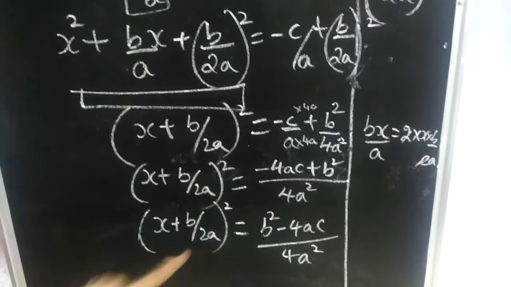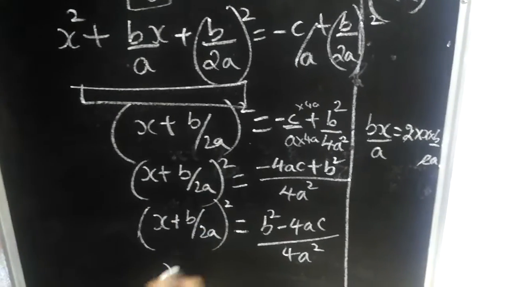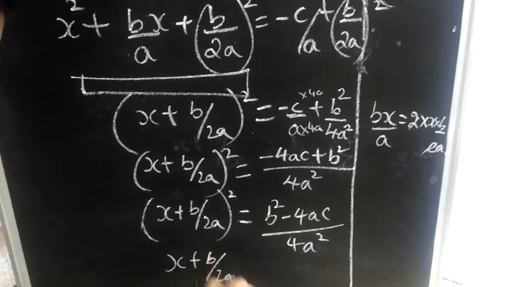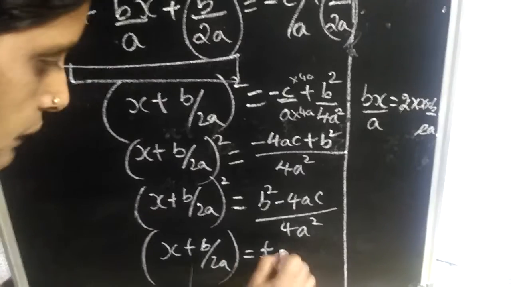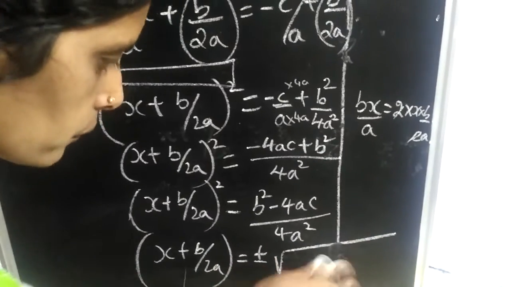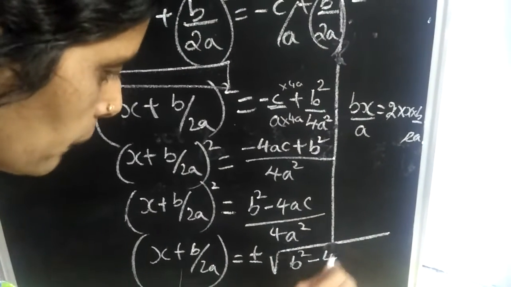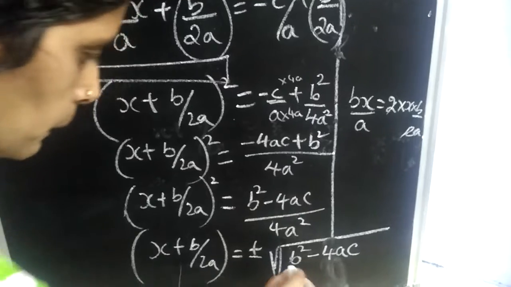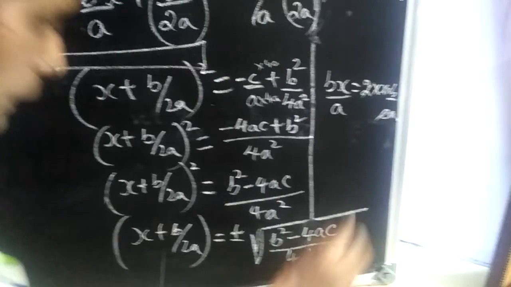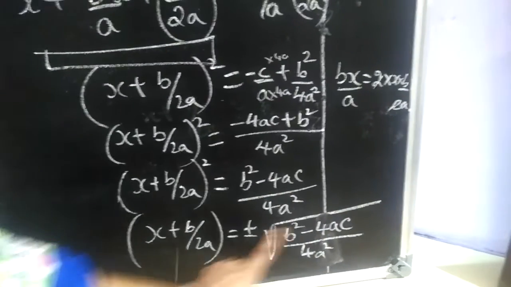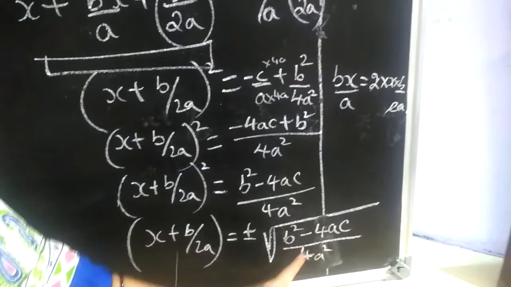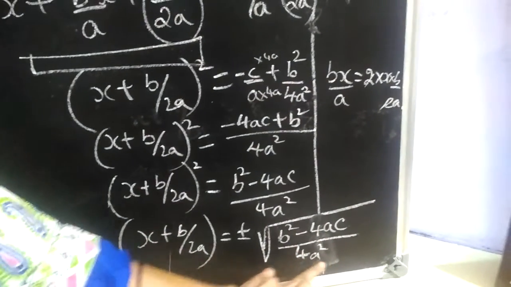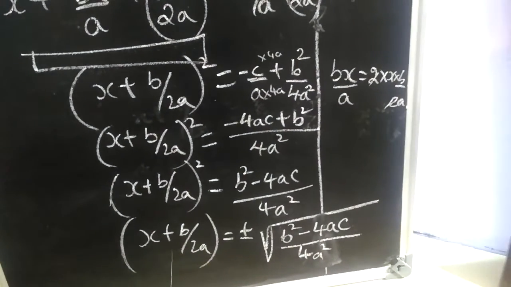Now remove the square. What will you get? x plus b by 2a is equal to plus or minus root of b square minus 4ac by 4a square. So b square minus 4ac cannot be simplified. But what is the square root of 4a square? Square root of 4a square is 2a.